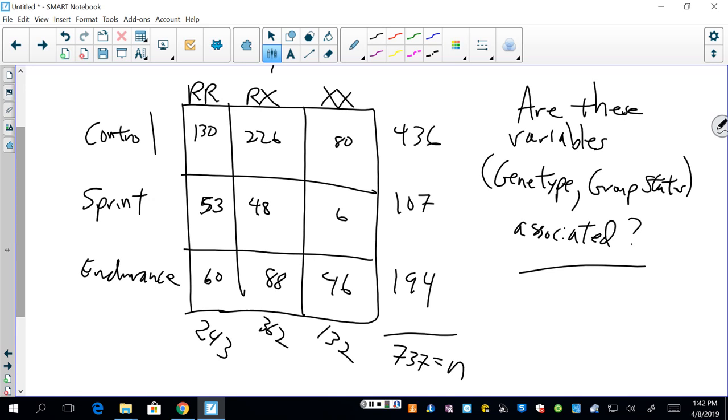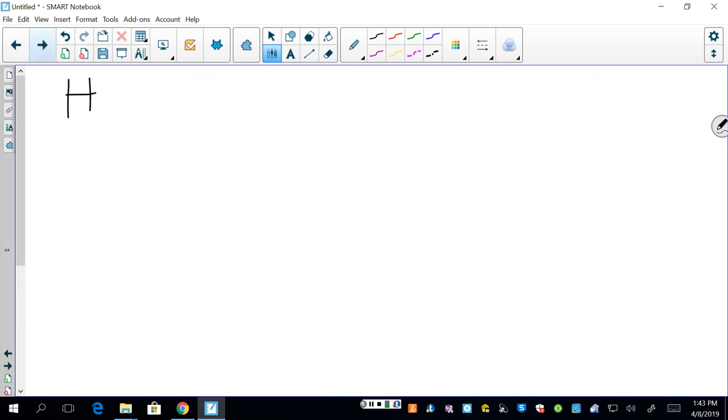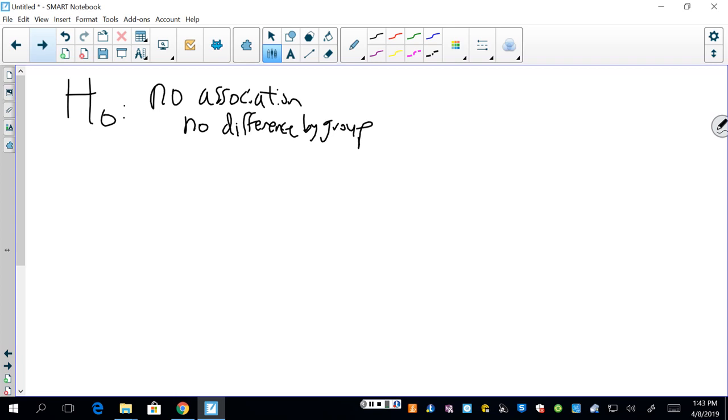And so one way to do this is called a chi-square test. We have a null hypothesis that these things are independent of one another. There's no association. So again, our null hypothesis is no association, no effect, no difference. Another way of phrasing that is, let's write that down. Our null hypothesis is that there's no association, no difference by group, meaning no difference in proportion by group.